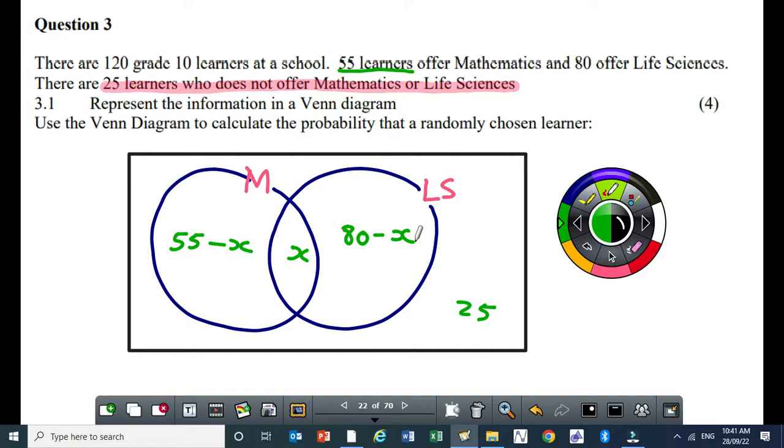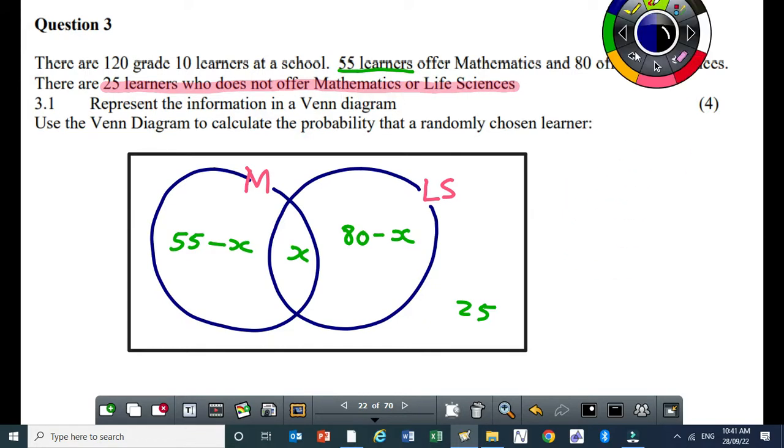Then from here, let's calculate x. To calculate x, we add 55 minus x plus 80 minus x plus 25. That's one method. Pay attention. You add all these values in terms of x, plus 25.